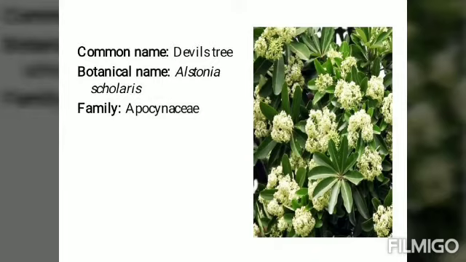Always remember, as I've already mentioned in the class, when you write a botanical name by hand, on the copy, you always have to underline it. And if you are typing it in Word or making a PPT, you always have to make it italic, the font should be italic.